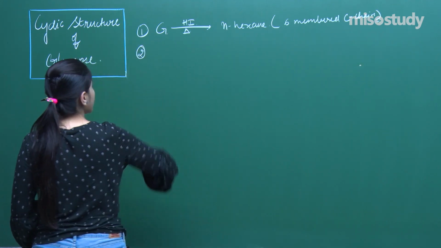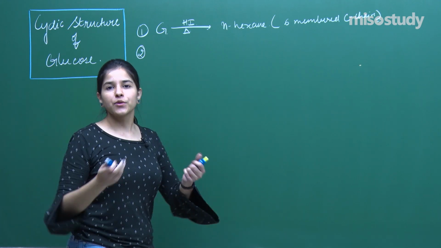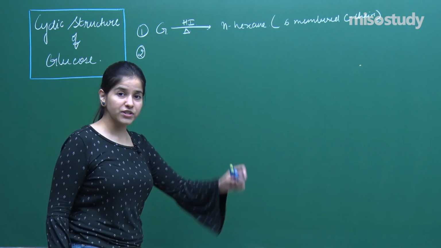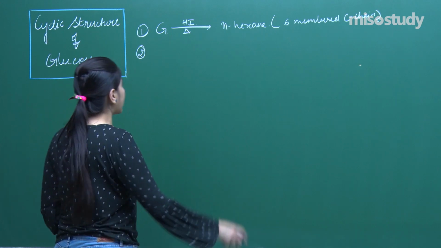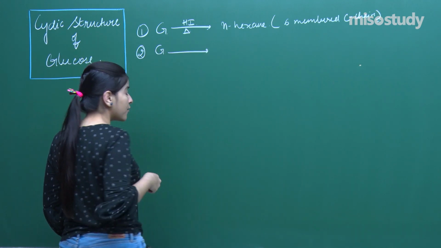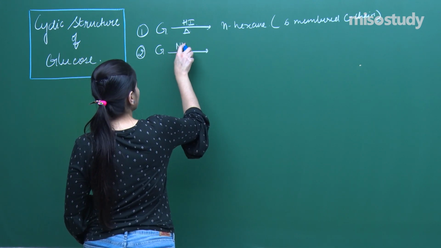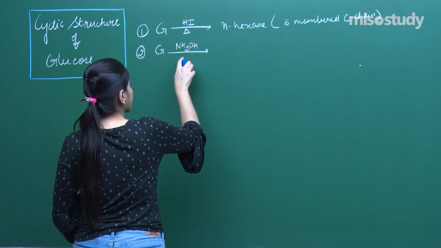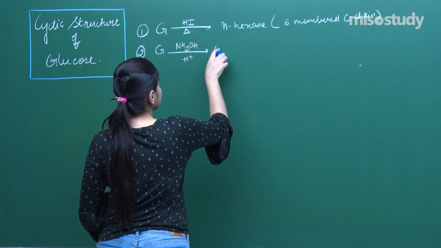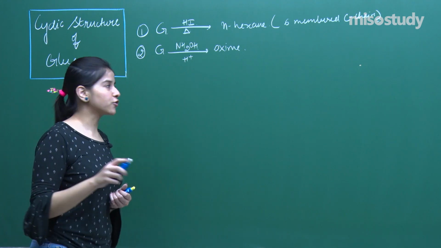Second thing, now I had to discover what all functional groups are present. So, it was CHO which I had targeted. For that, again I took the glucose and performed the reaction with hydroxylamine, NH2OH, and what I got? The oxime, clearly indicating that it's a carbonyl group.